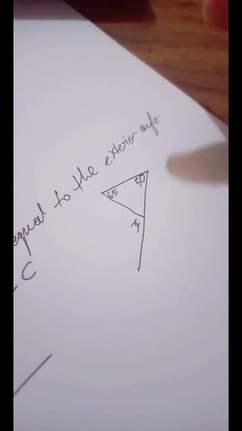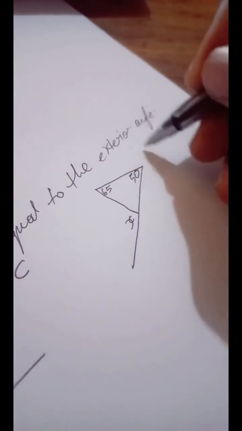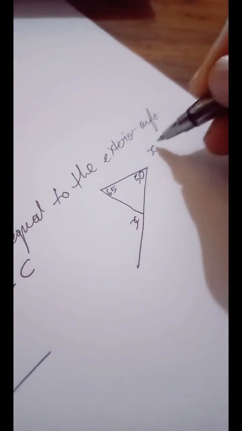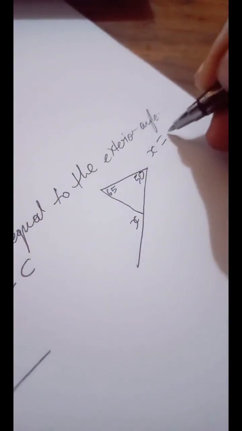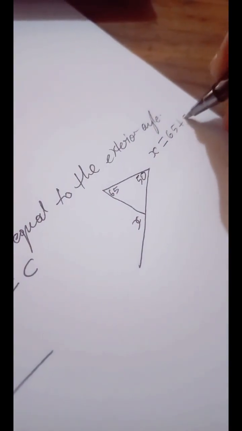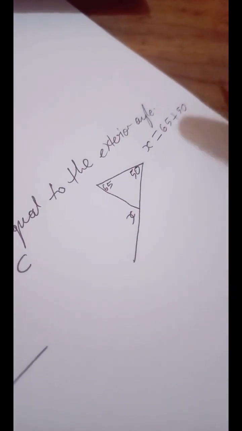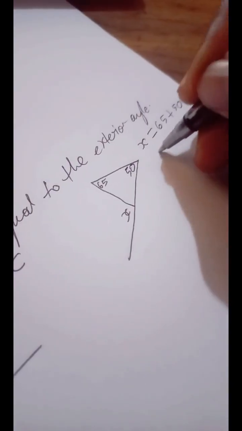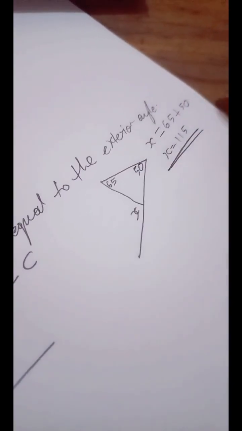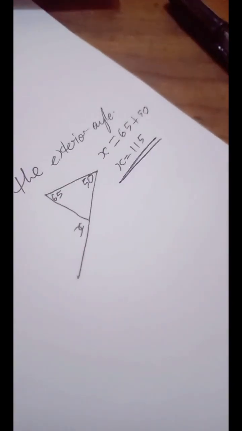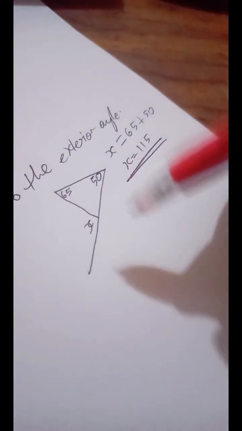The fastest and easier way: x is the exterior angle, is equal to 65 plus 50. 65 plus 50, 115. That is our x.